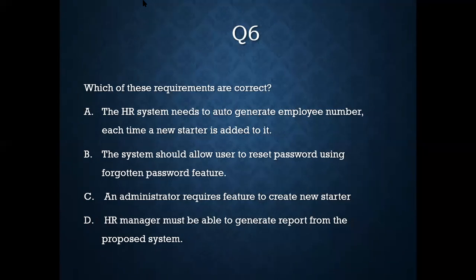That's the way you should be writing your requirements. If you write a requirement and I could not see the priority, then yeah. So B and D are the correct way of writing your requirements.